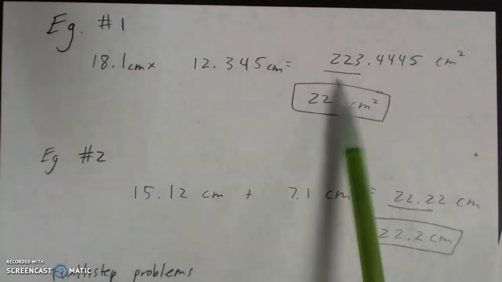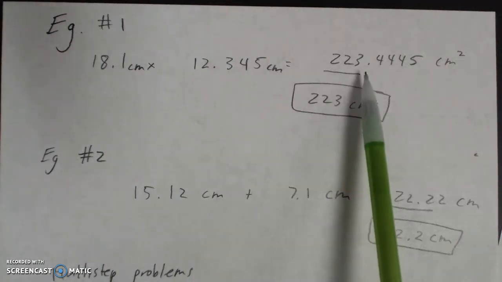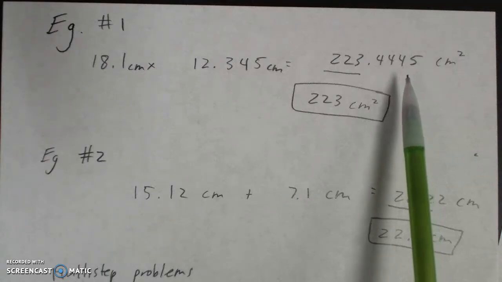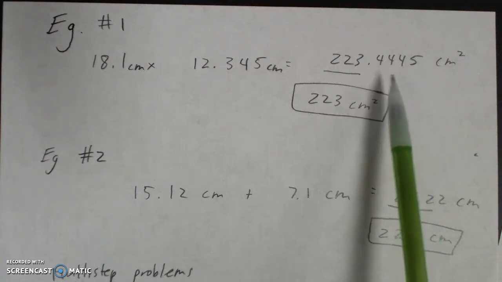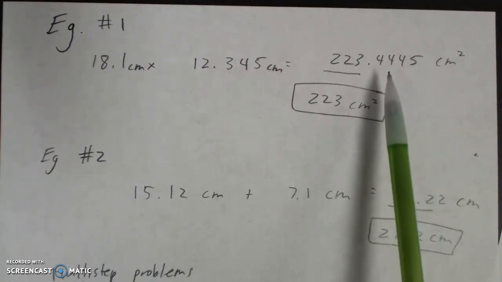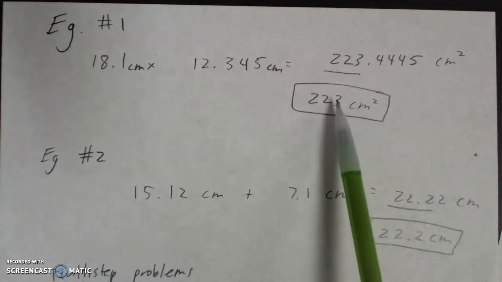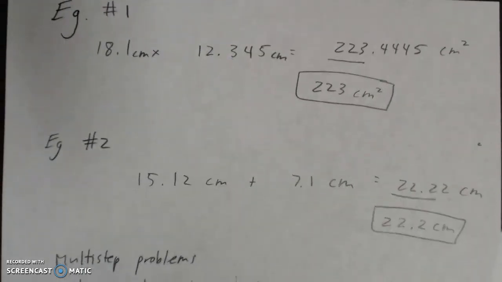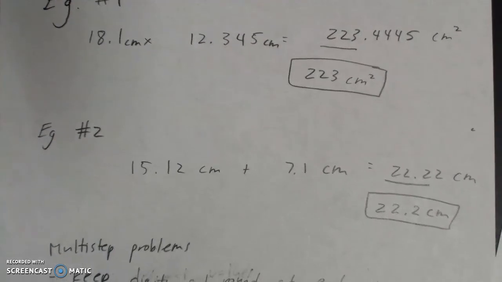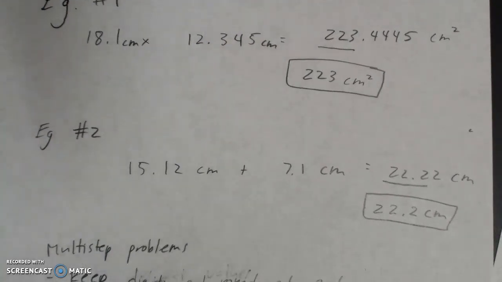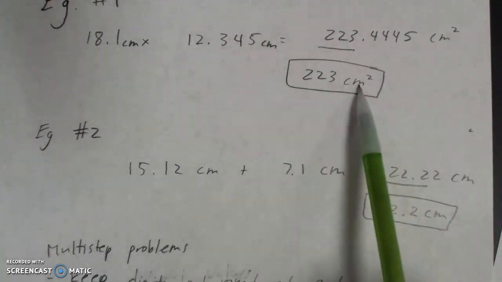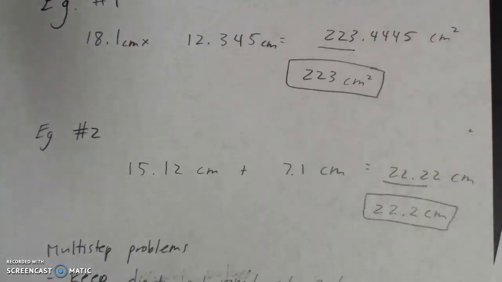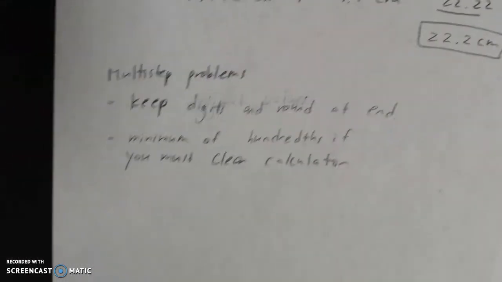When I multiply those two together with my calculator, I get 223.445. And I can't express those. I need to round them to 3 sig figs. So the answer that you would get here would be just 223 square centimeters. Like I mentioned in the last video, make sure you write the units, square centimeters, and then box or circle your answer so I can follow your work.